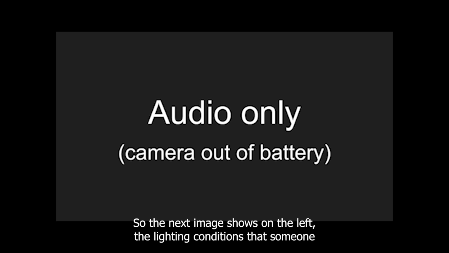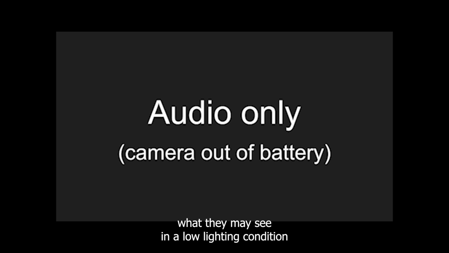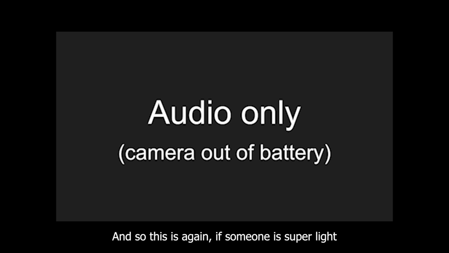The next image shows on the left the lighting conditions that someone with retinitis pigmentosa or glaucoma, also a tunnel vision condition, what they may see in a low lighting condition. And this is, again, if someone's super light sensitive, glare, coming maybe over the top of someone's glasses, they're not wearing a hat, it can be very blinding.